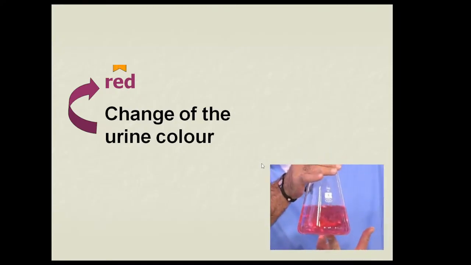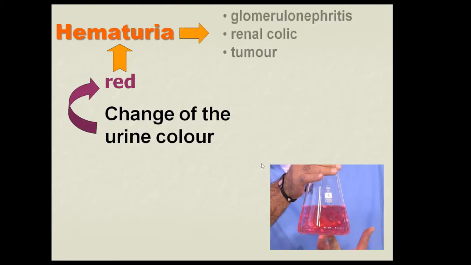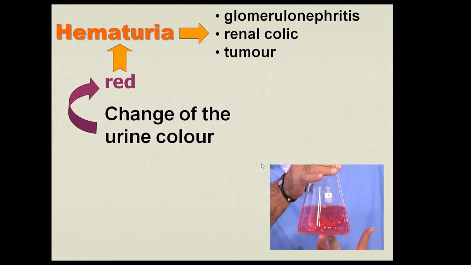Everybody knows red color is first of all associated with bleeding, and it may be a result of hematuria, which is characteristic for glomerulonephritis, attacks of renal colic, or new growth. But it must obligatorily be examined with a laboratory method, because color alone does not indicate hematuria. It may be a result of taking some food or some medicines.